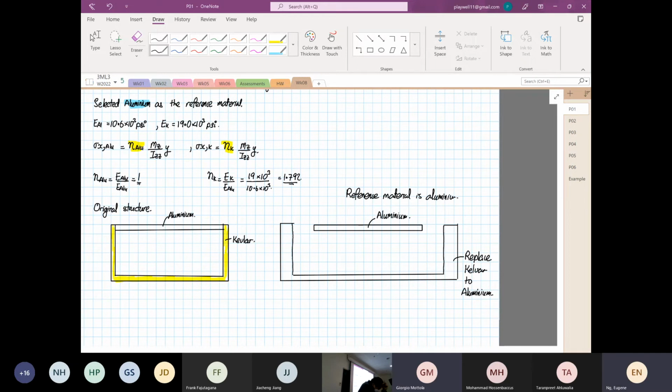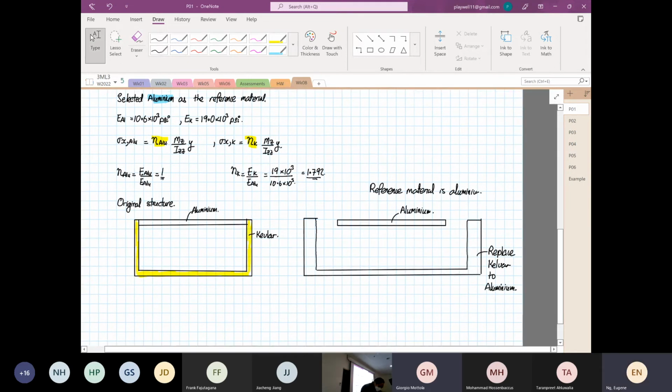Now, one thing I want you all to observe, this is very important. I'll write this down, okay? The width increased, but the height or depth remains the same.